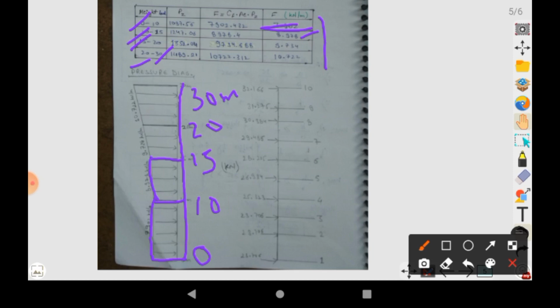After joining it, you can see that after the 10 to 15 level of height, the value is changing again from the level 15 to 20.